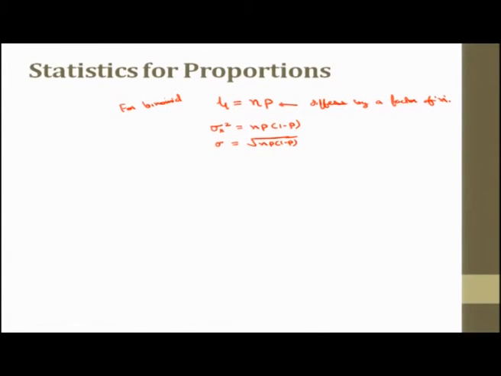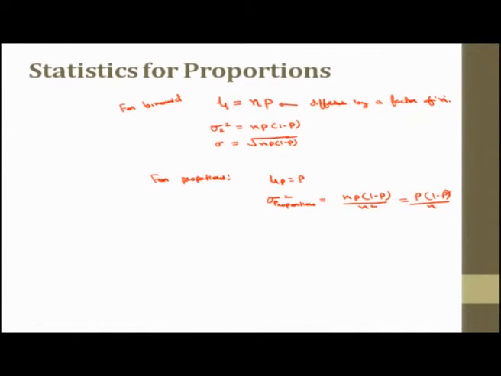And for proportions, the mean mu p is equal to p only, and this p is for proportions, not for the population. The variance for proportions is equal to n p into 1 minus p by n square, which can be put as p into 1 minus p by n.